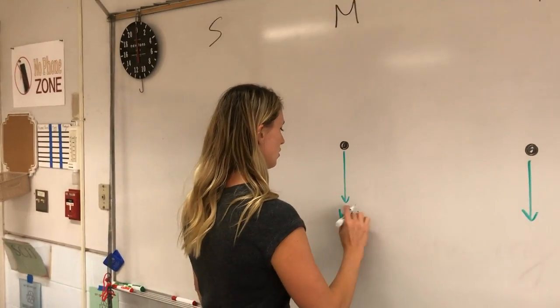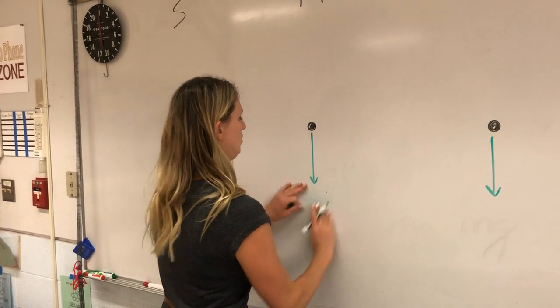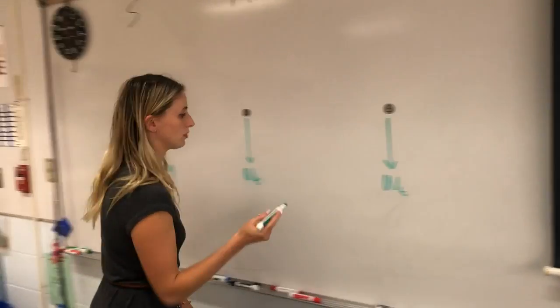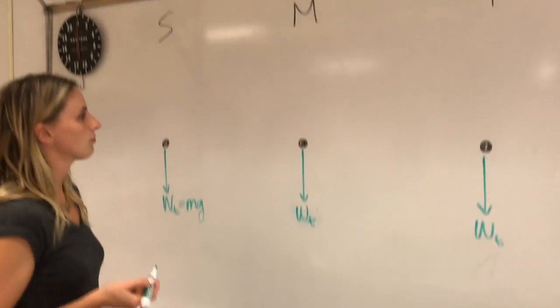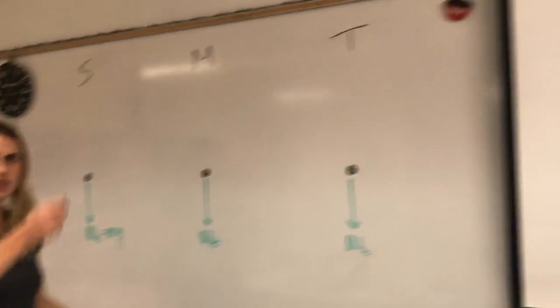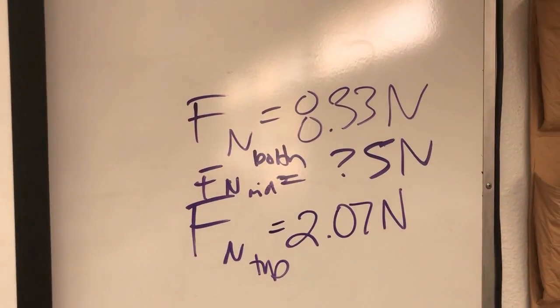The weight is not going to change because it's still 500 grams, half a kilogram. It'll be the same thing for all of them. What else did we measure at the start? It was 8.33 newtons up.